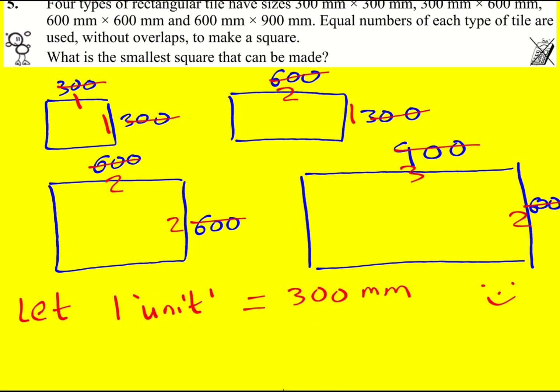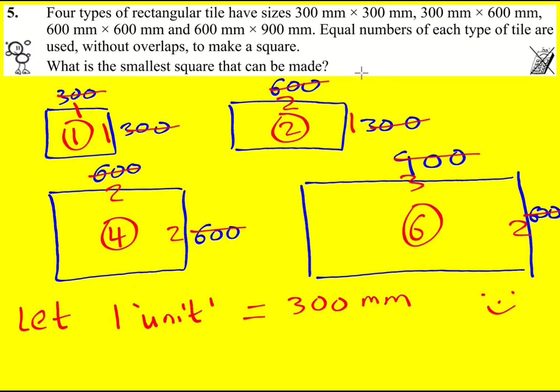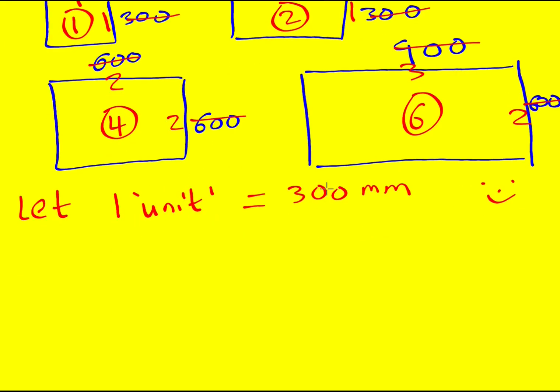So I've got these different squares, and now I can work out the area of these squares. 1 unit squared here is 1 times 1. This one is 2 units squared. This one is 4, and this one is 6. So because we've got equal numbers of each type of tile, then we can add these up.